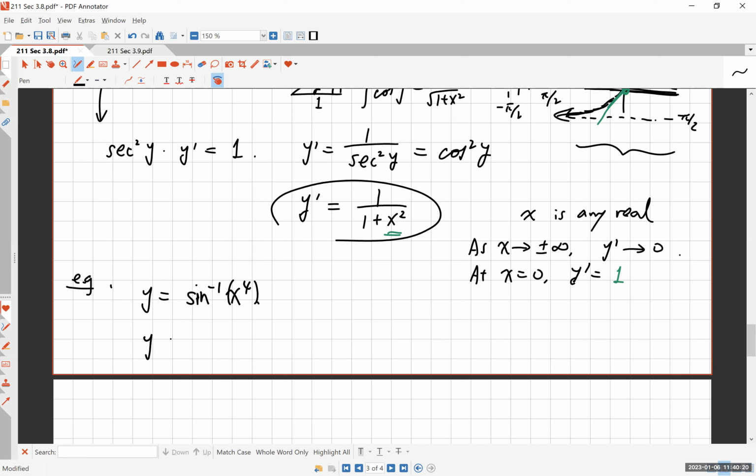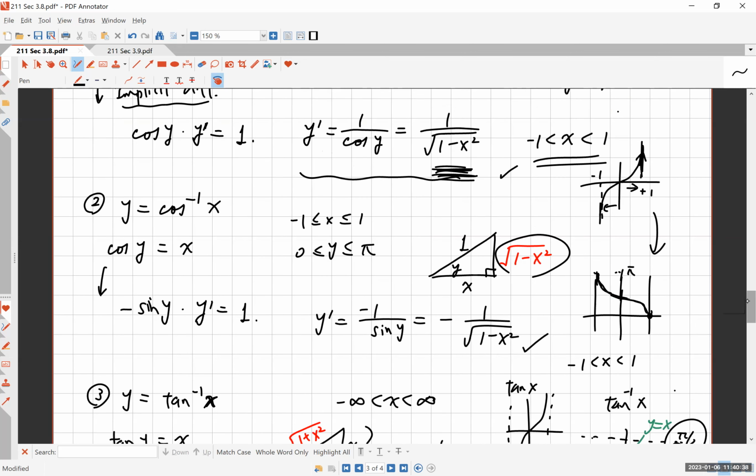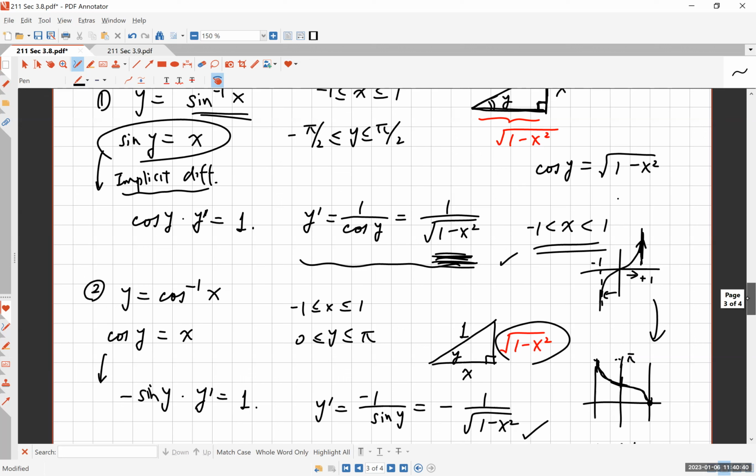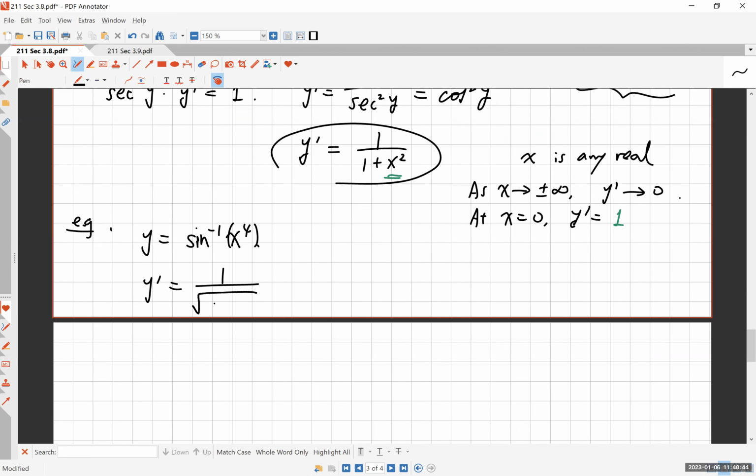Can you differentiate this? Of course you can. Can you? All right, so it's going to be 1 over, remember the inverse sine is the outside function. You have to use the chain rule, obviously, right? It's a composition of the 4th power function and the inverse sine function. The inverse sine function has the derivative 1 over the square root of 1 minus x squared. So this is what you have to do, okay?